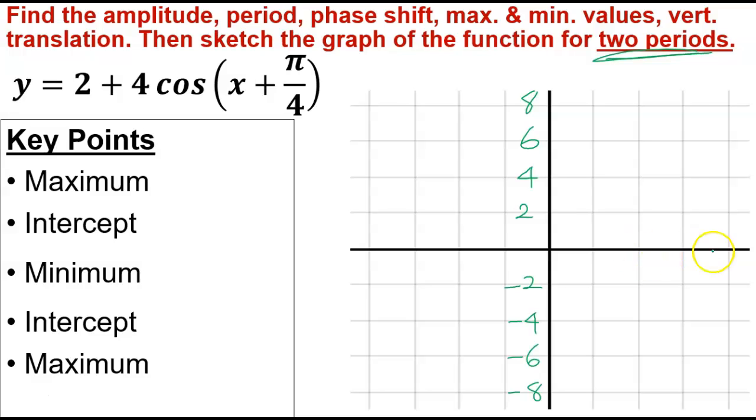So if I make this to be pi and this to be 2 pi, then this will be 1/2 pi, and this will be 3/2 pi. And I can do the left side that way to make it 2 periods. So this is going to be -pi over 2, and this is -3 pi over 2, and this is -2 pi. So this gives me 2 periods.